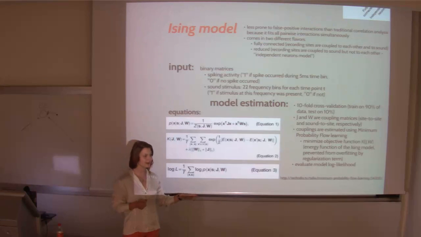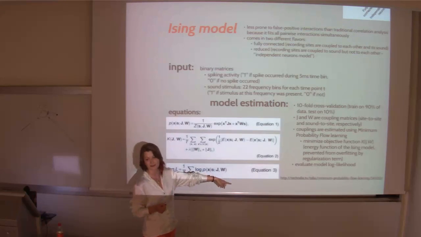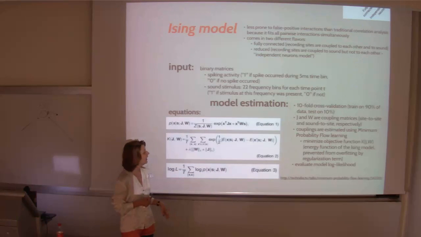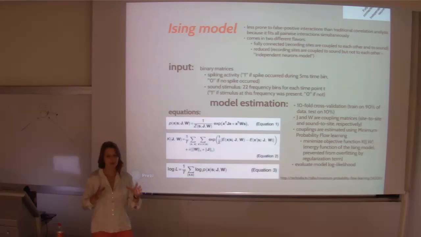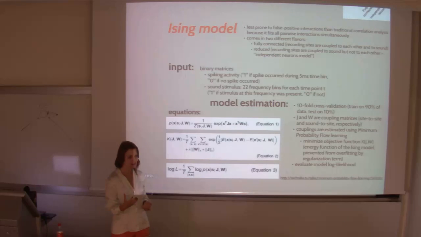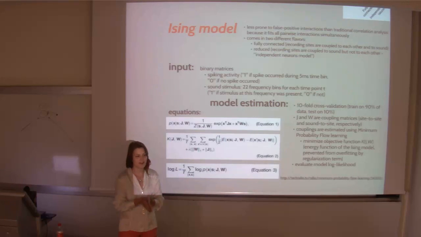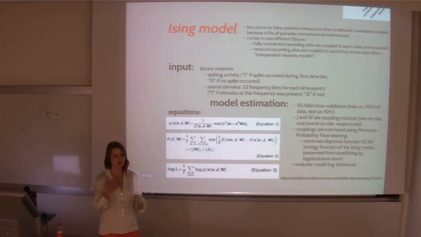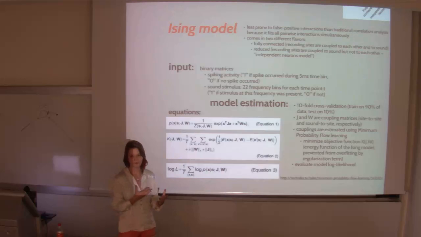That I'm really not going to get into right now. If you want to, there's a link there that explains it pretty nicely. But basically, point being that you have an objective function, you try and minimize the error, and that way you find weights that are most likely to represent well how sites are coupled to each other and how sites are coupled to sound. So how do they respond?